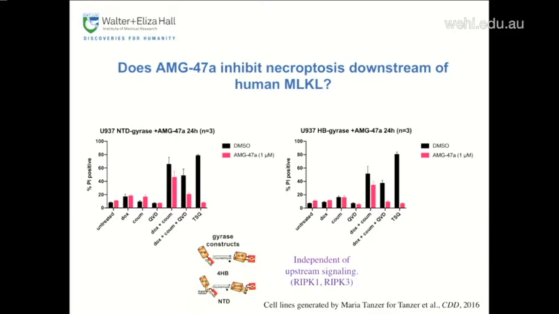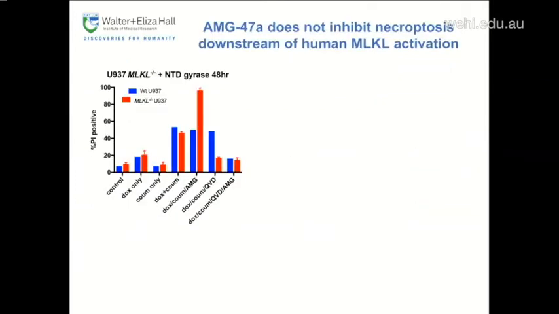The results I got from this were a little bit confusing. Looking between the black and the red, where black is without the drug and red is with the drug, there wasn't really much difference in protection when I was using the drug. There was a little bit. However, if I did the same experiment in the background of QVD, a caspase inhibitor, I could see quite clear protection in both the N-terminal domain gyrase and the helical bundle domain gyrase.